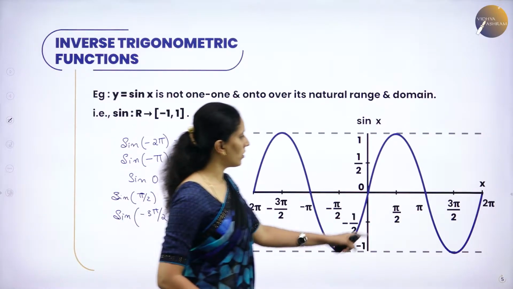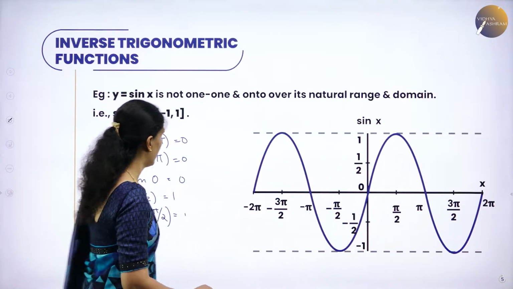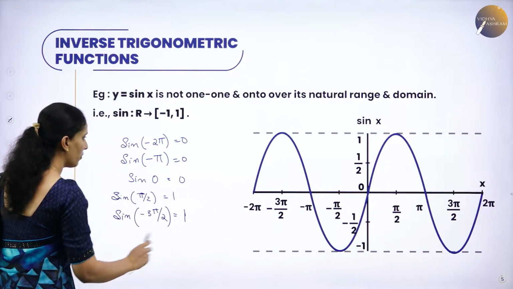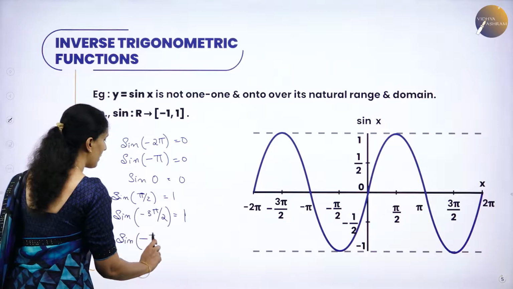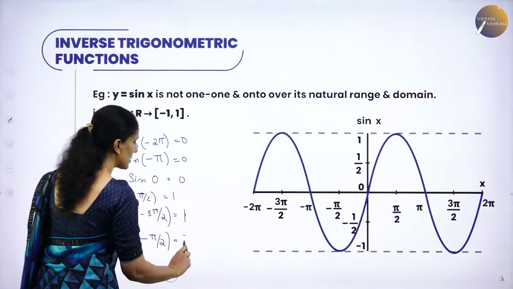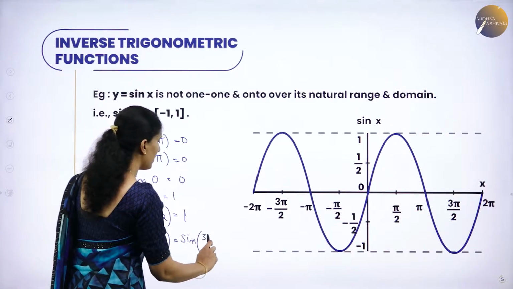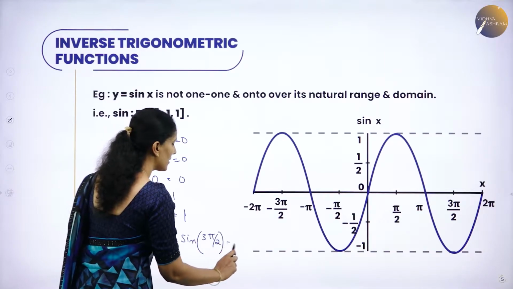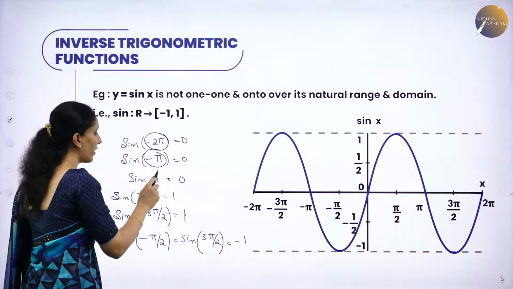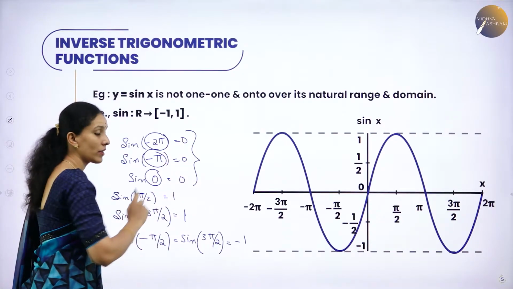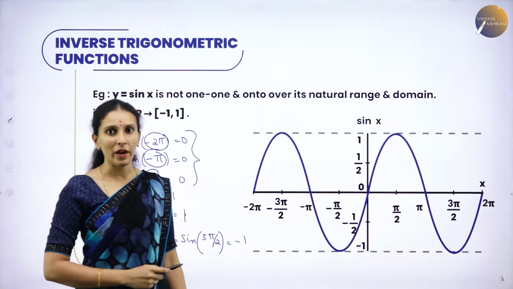Similarly, sine of minus pi by 2 as well as sine of 3 pi by 2 contains the value minus 1. Even though the domain elements are different here, their images are the same. Hence, it cannot be a one-one function.